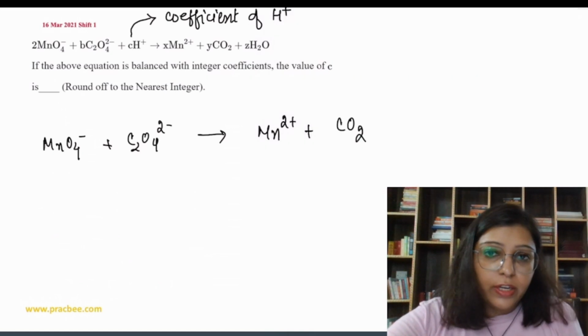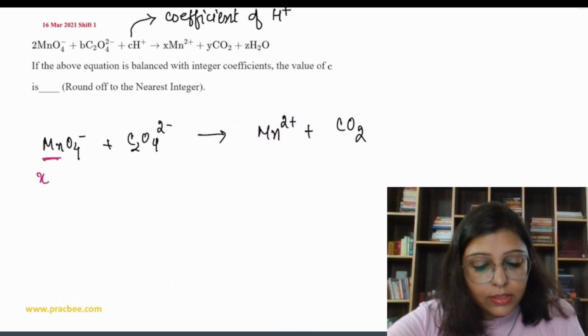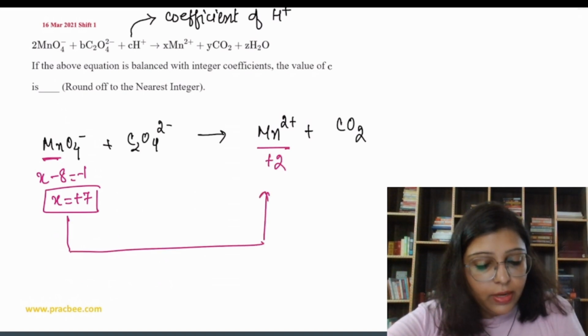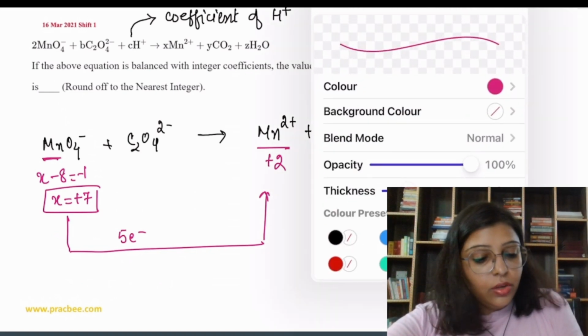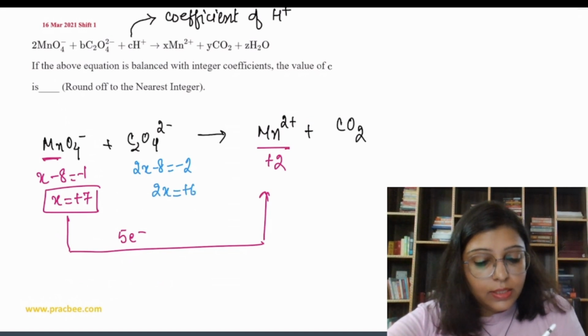First we have to find out the oxidation number of the key element. Here x minus 8 is equal to -1, so x is +7. Here it is +2, so there is a change of 5 electrons. Now in oxalate C2O4 2-, 2x minus 8 is equal to -2, so 2x is equal to +6.